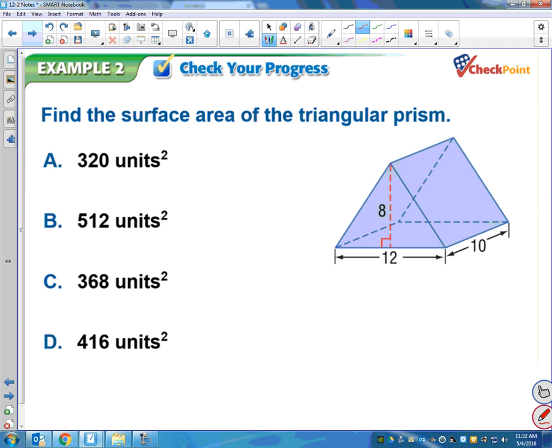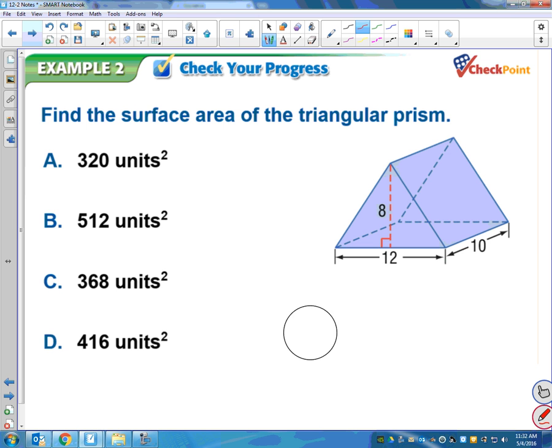Alright, I got my answer. Weird formula.